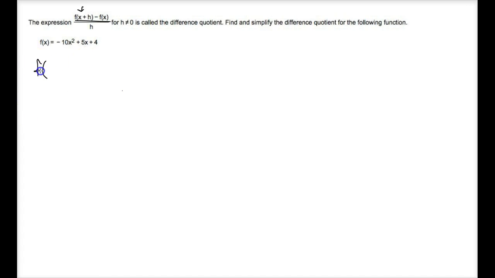The first thing I need to do is find out what f of x plus h is. This literally just means everywhere where I see x here, I'm going to replace it with x plus h. So I have a negative 10 times x plus h, quantity squared, plus 5 times x plus h, plus 4.